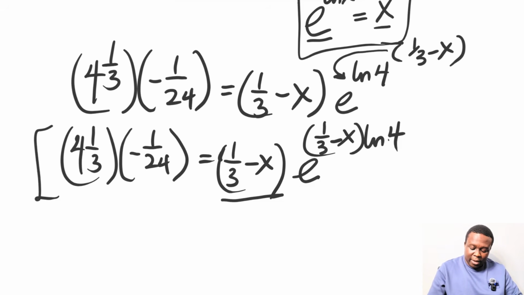Okay, so we're going to multiply the left and the right side by ln 4.